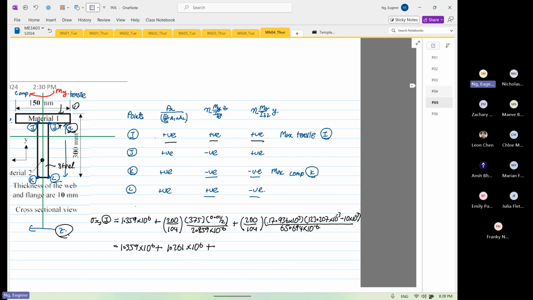Then plus 17.936 times 10 to the power 3 times bracket 123.207 times 10 to the power minus 3 minus 10 times 10 to the power minus 3 close bracket, divided by 65.694 times 10 to the power minus 6, which is 59.438 or 59.439.